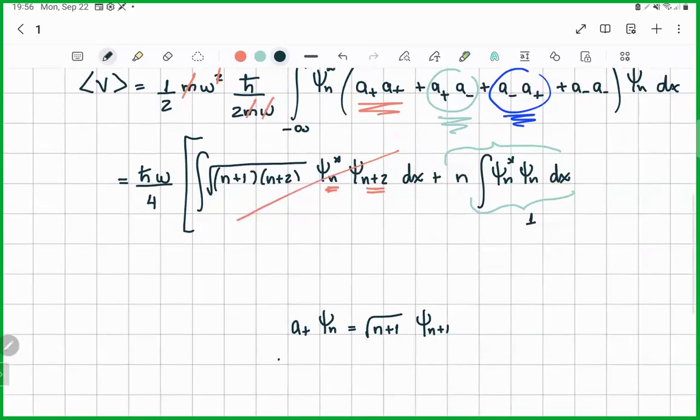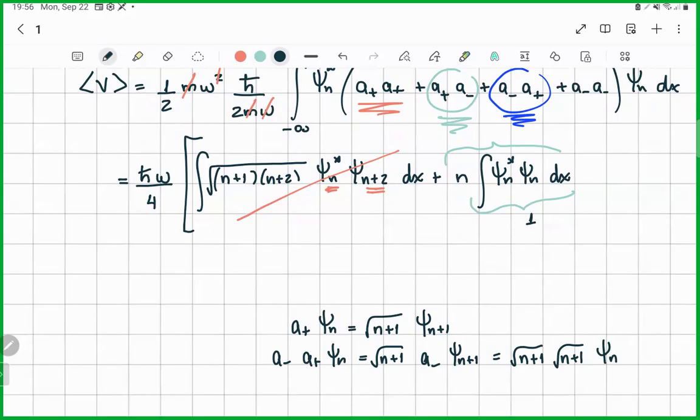But we also have a minus, acting on this whole thing, so a minus now acts on psi n plus 1, so it brings it down. We have square root of n plus 1, square root of n plus 1, and psi n. This is also a good one.